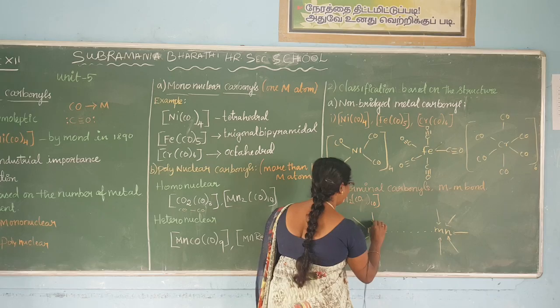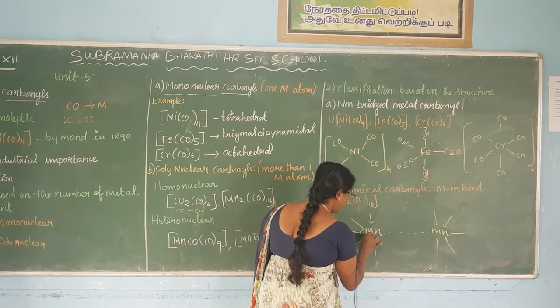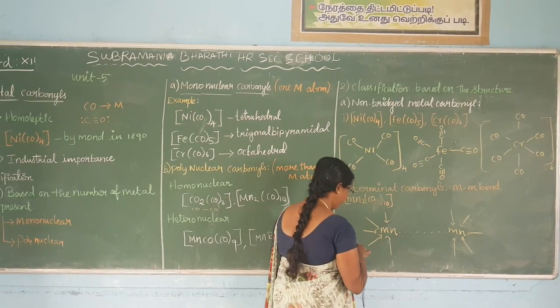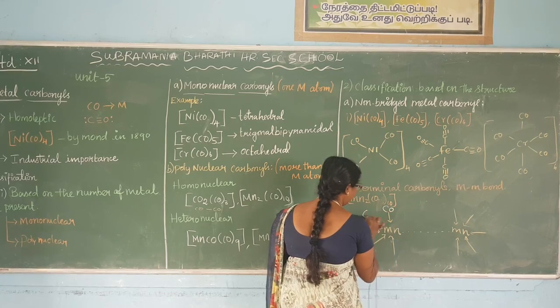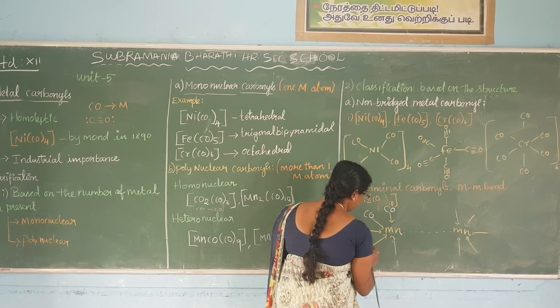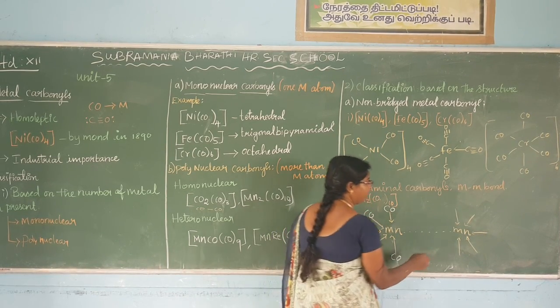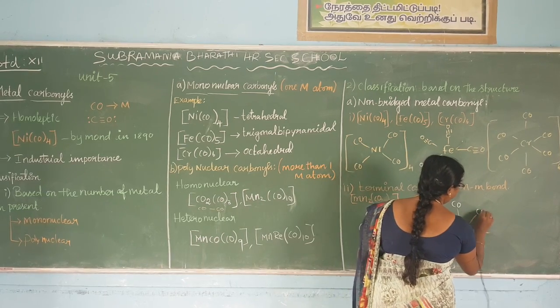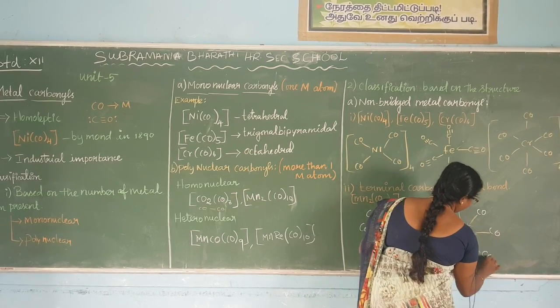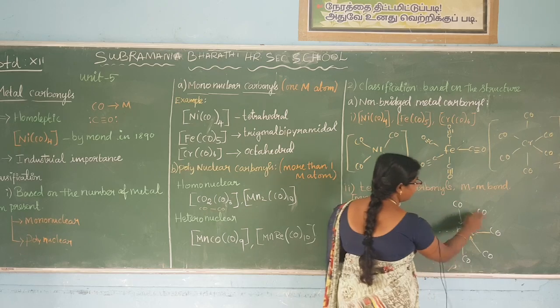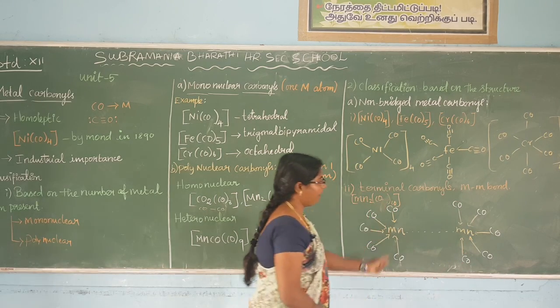So, all the carbonyl groups donate their electrons to form a compound. So, these are all the carbonyl groups. Here also bridging is not taking place. So, it is a terminal. So, these are all the terminal carbonyl groups.